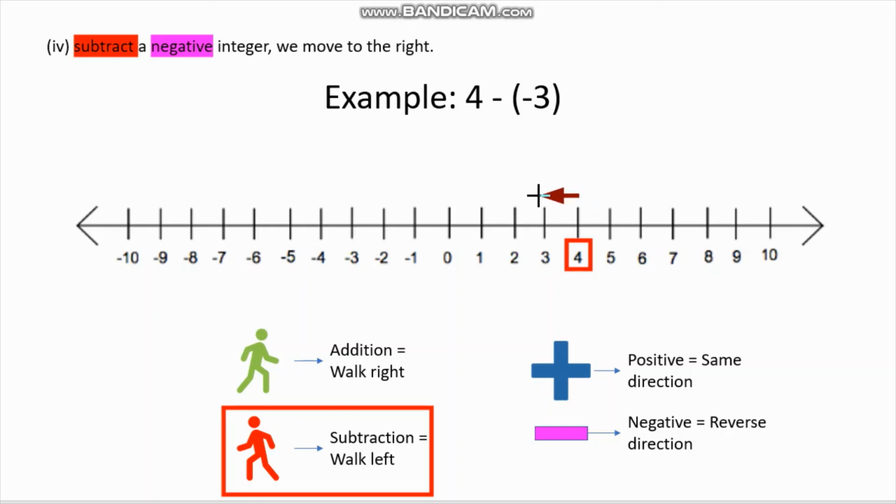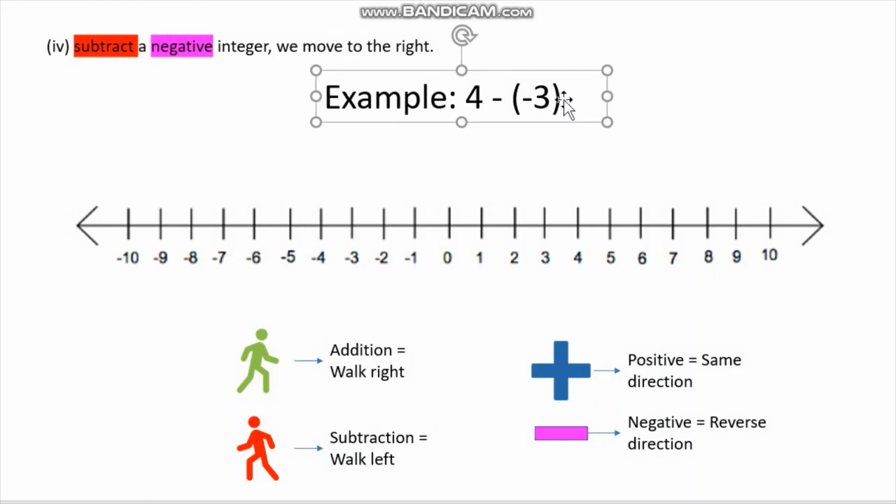But next, let us consider the sign of the integer that we are subtracting. The sign here is negative. It is minus 3, and we have learned that whenever it is negative, we have to reverse the direction. So our direction was initially pointed to the left, but now we have to reverse it and start going to the right 3 times, where we end up at 7. So this is why 4 minus of minus 3 is actually equal to 4 plus 3, which is nothing but 7.